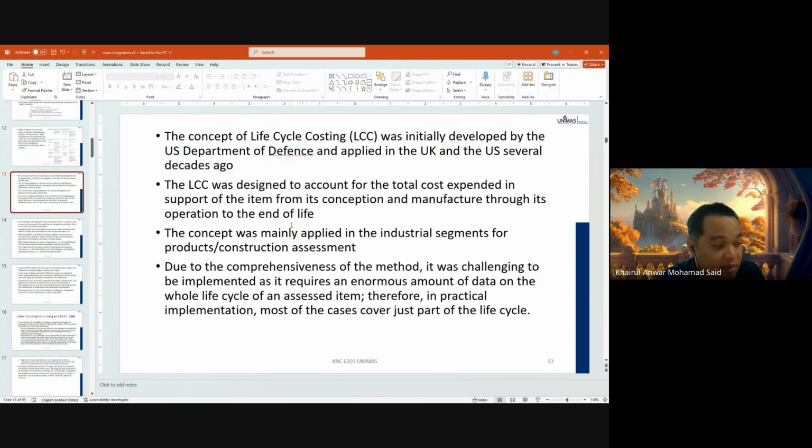It acts like a passive financial auditor. It is highly comprehensive, but it requires an enormous amount of historical life cycle data just to tell you what an existing design costs. So it cannot tell you how to optimize the physical network layout to save water, unlike the water pinch analysis.